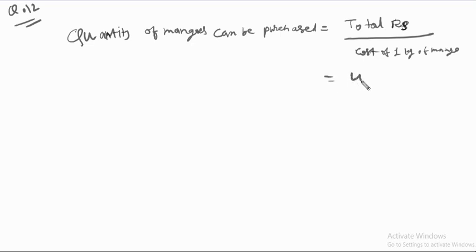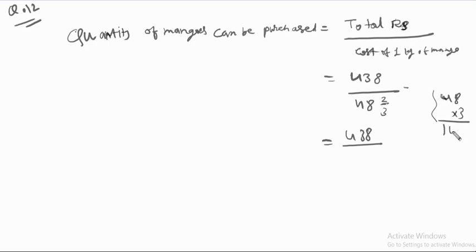So it will come 438, total rupees 438, upon cost of 1 kg of mango, which is 48 2 by 3, right? So here 48 into 3 will be 144, plus 2 is equal to 146 upon 3.